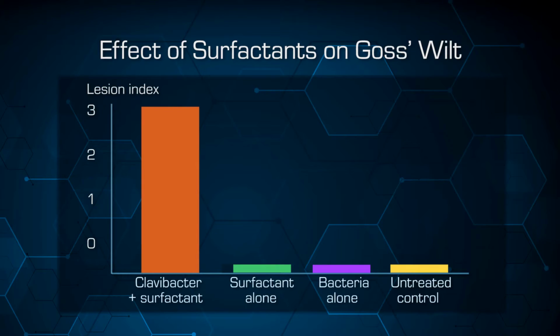One of the things that's interesting with this disease is the effect of surfactants. We find that much of our genetic resistance to Goss's wilt was actually based more on physical defenses to the pathogen than physiological ones.